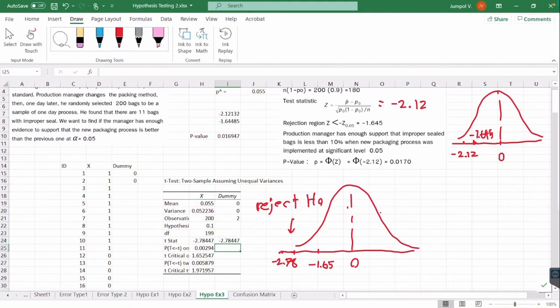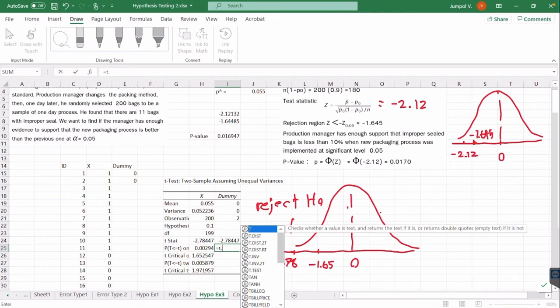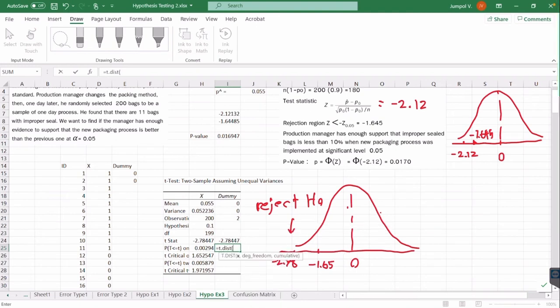We got this, and the p-value for this is T.DIST, where x is the t statistic and the degrees of freedom is 199, cumulative true. The t critical is T.INV.